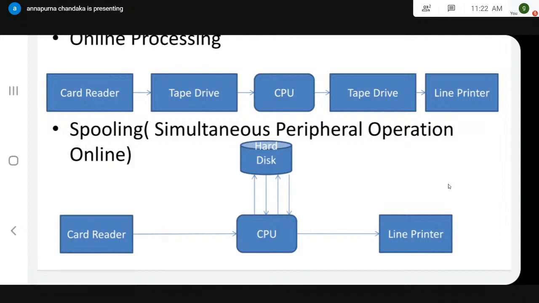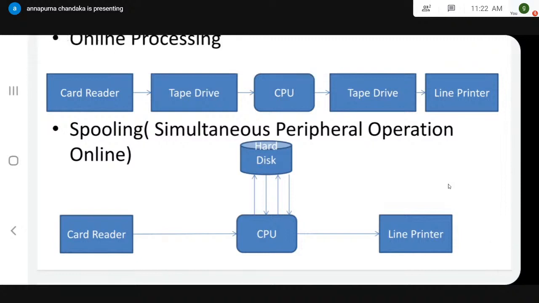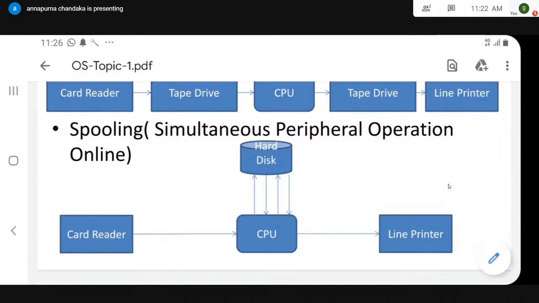In order to increase the speed of execution and control the execution behavior of the CPU, we required something. That something is called the operating system. They also invented some tools. How to reduce the speed mismatch between CPU and IO devices can be done by using IO organization, which you can learn in computer organization.